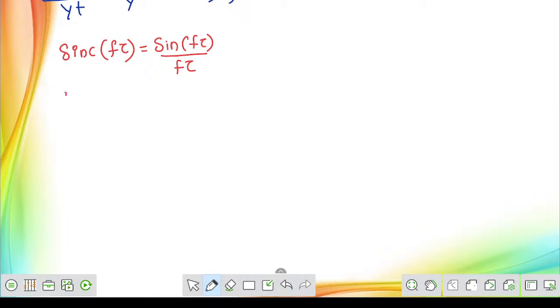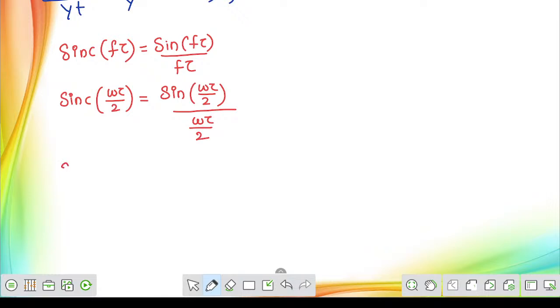In the frequency domain, if it is given as sinc of omega tau by 2, then this can be rewritten as sine of omega tau by 2 upon, in the denominator also, omega tau by 2.